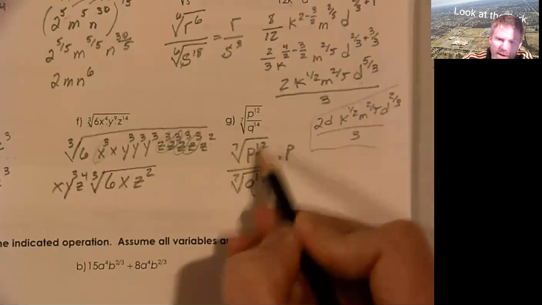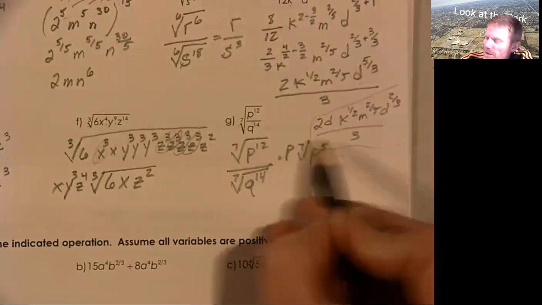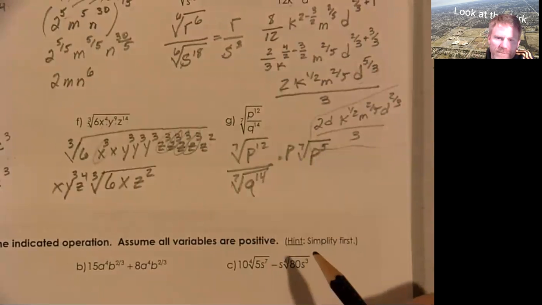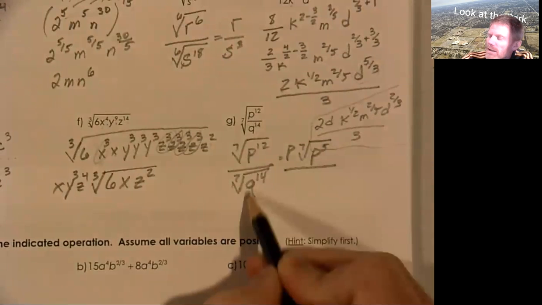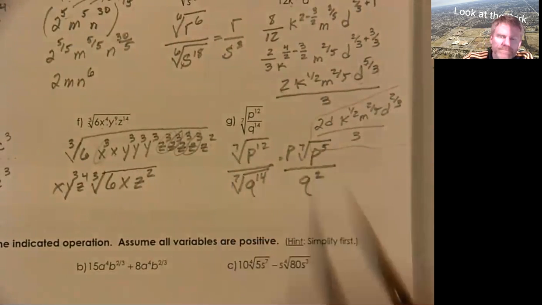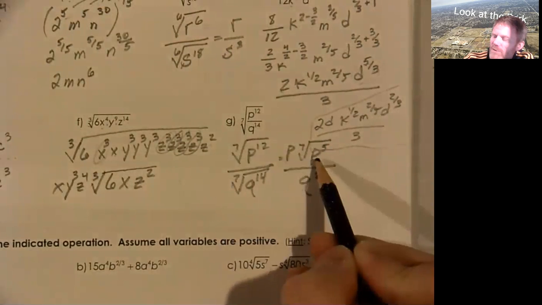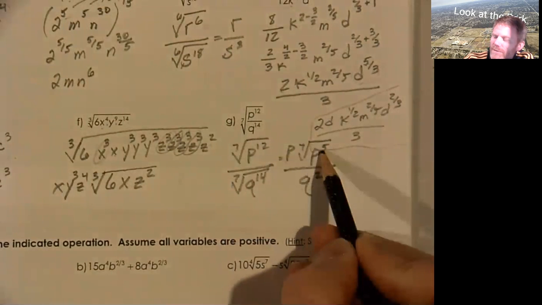There are 7 of them in there, and there are 5 left over. So that's your total of 12. And on bottom, 7 goes into 14 twice. So you have P over Q squared times the 7th root of P to the 5th.